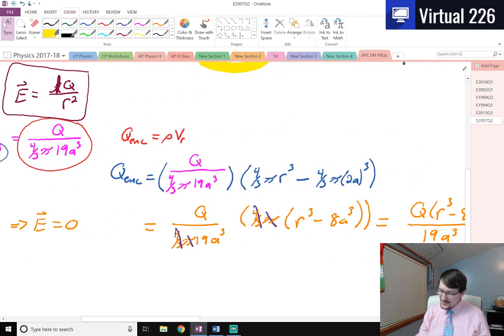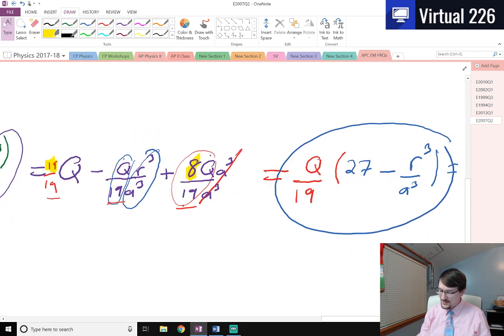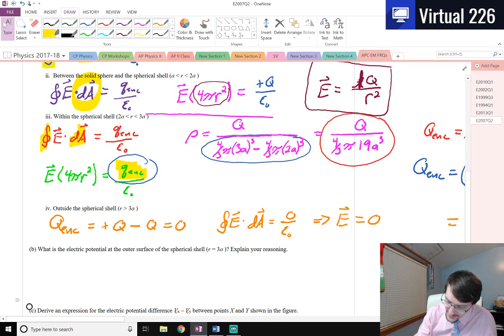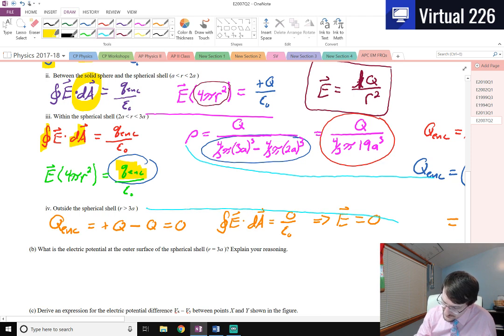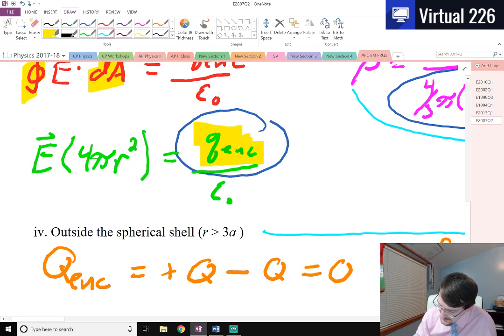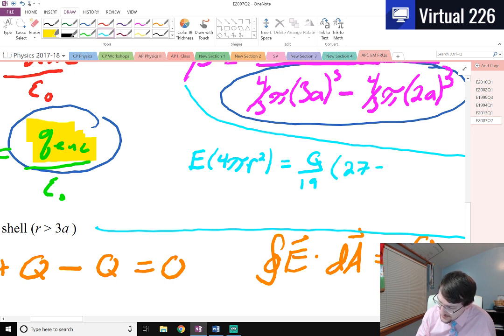Which is so much work just to get to that point. Okay? But that is what we have to do. So we come all the way back to the beginning of our problem, and we'll just clear some space here. Now we can say that the electric field times 4 pi r squared equals q over 19 times 27 minus r cubed over a cubed.